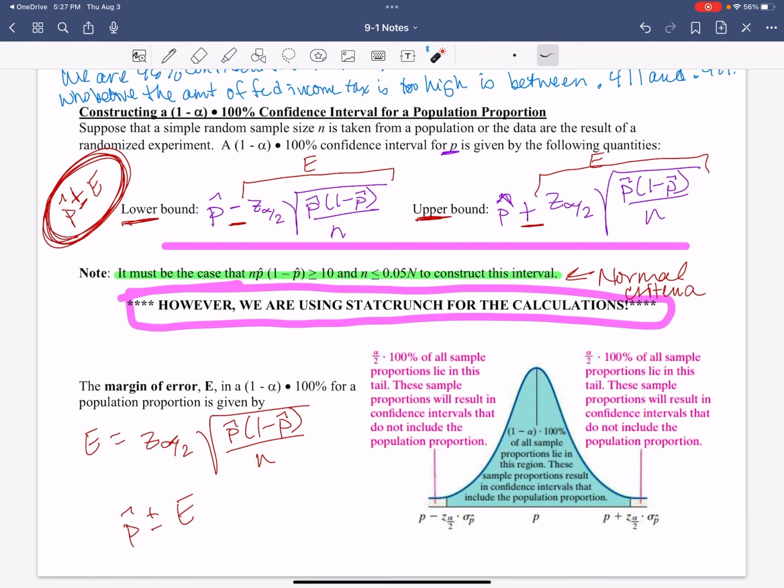So whatever your level of confidence is, that level of confidence is what you're going to work with and add or subtract to make it within that margin of error. Okay, so the concept: p hat's in the middle, and I'm giving myself some cushion with this margin of error. Depending on how confident I am, depends on how much cushion I am giving with that margin of error. Okay.